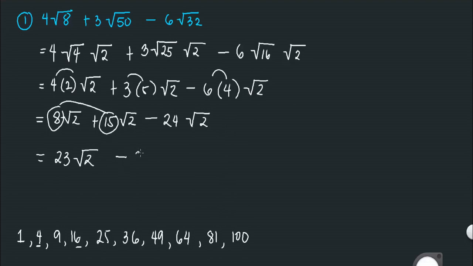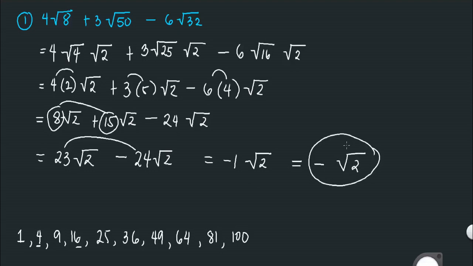Minus 24 square root of 2. Simplify pa natin. Subtract naman natin sa 23 si 24. That is negative 1 square root of 2. Siyempre, pwede natin isulat din yan na negative square root of 2. And this is the final answer for this first example.